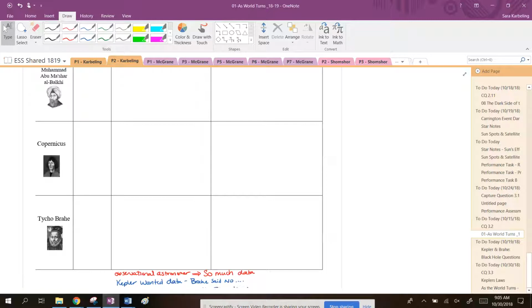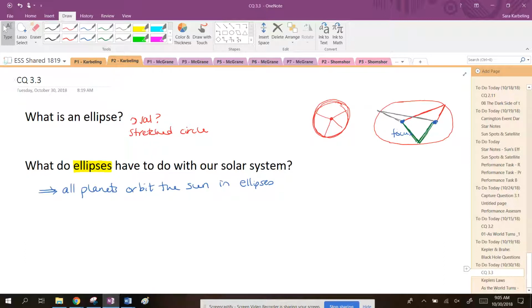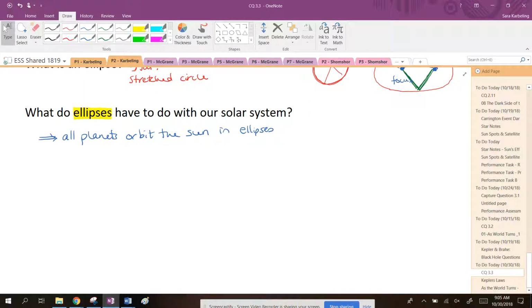Circles all the time. Everybody before Kepler believed that things moved in circles. Kepler's big deal, one of his 3 big deals, was to say that nope, in fact, the planets move in ellipses.